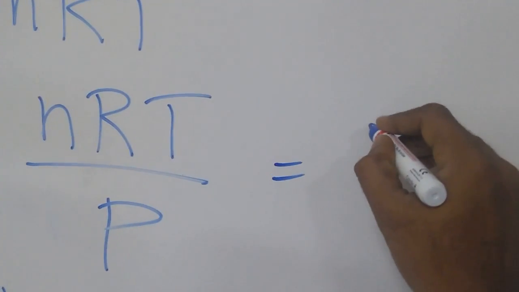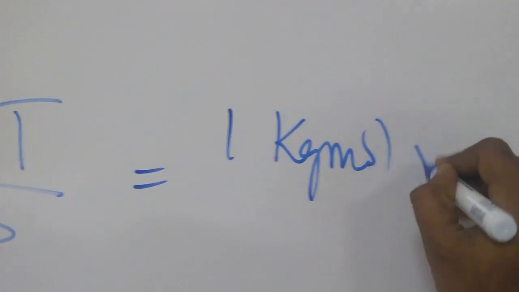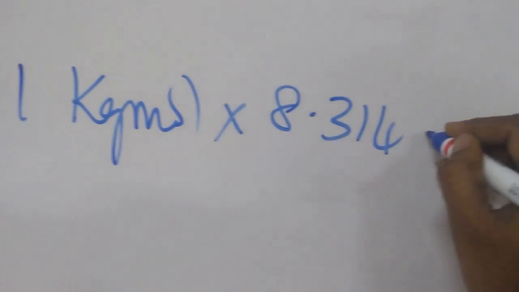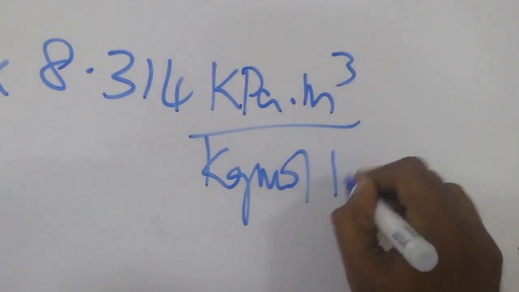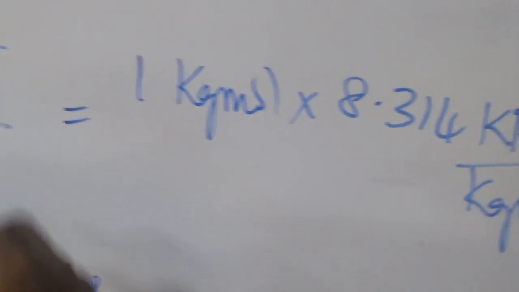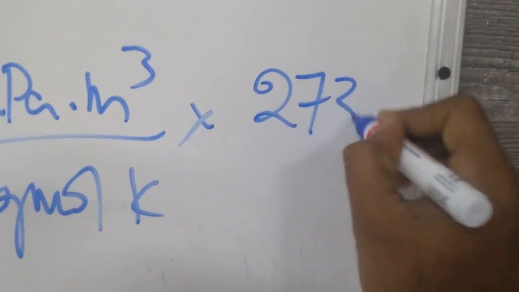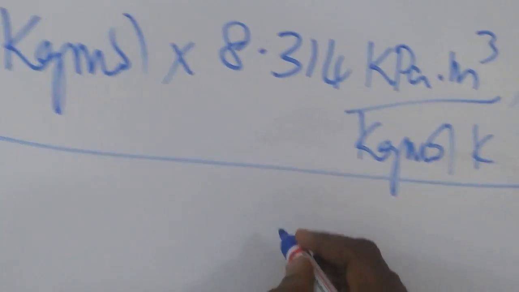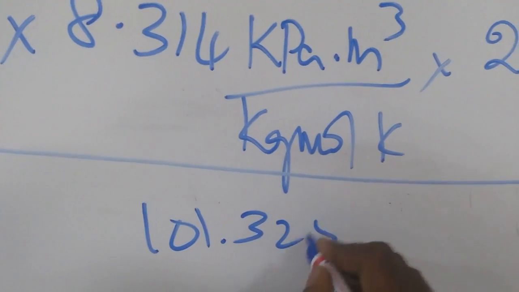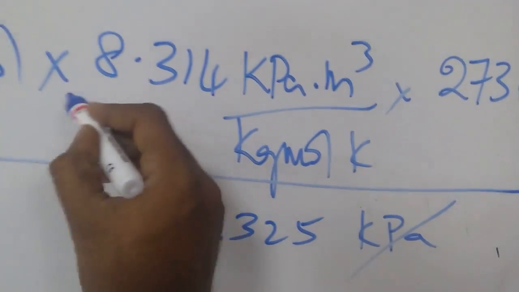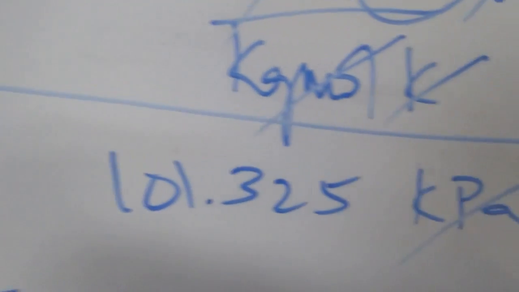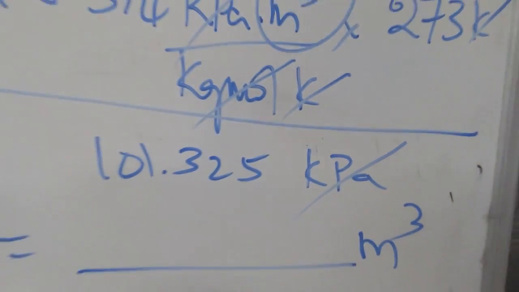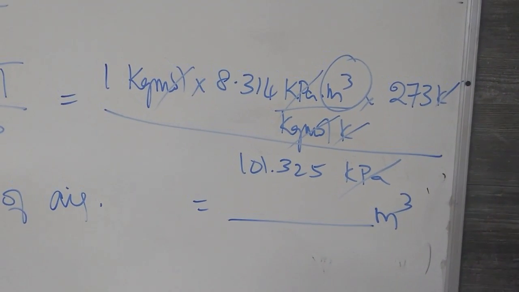If it is 1 kg mole, 1 kg mole multiplied by 8.314 kilopascal meter cube by kg mole Kelvin, into STP temperature 273 Kelvin, divided by pressure 101.325 kilopascal. So kilopascal, kg mole, Kelvin cancel, and we get the answer in meter cube. So the volume occupied by 1 kg mole of air at this condition is given by this value.